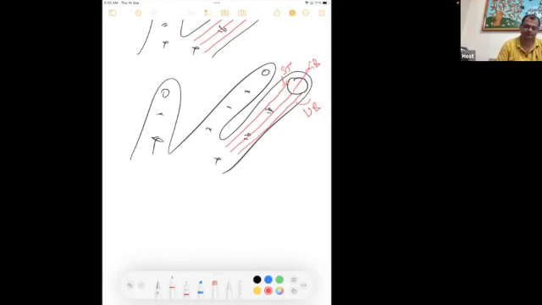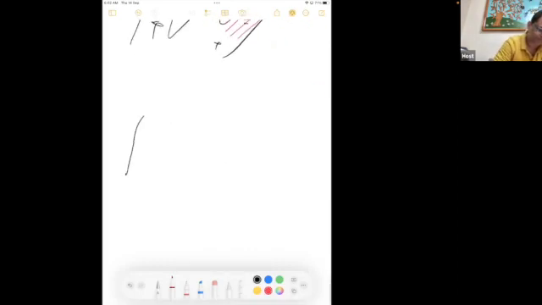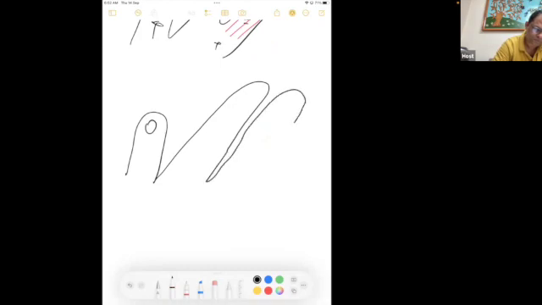Right? So let's make it in the other image. So this side is the large intestine, and this side will be stomach.